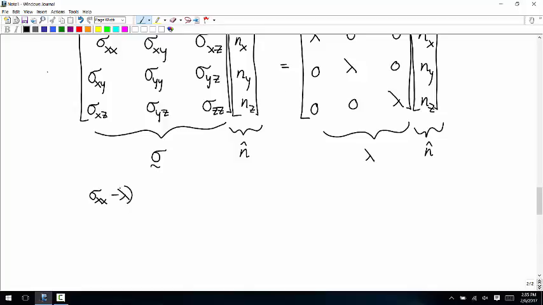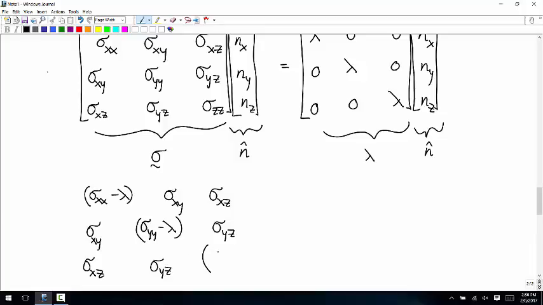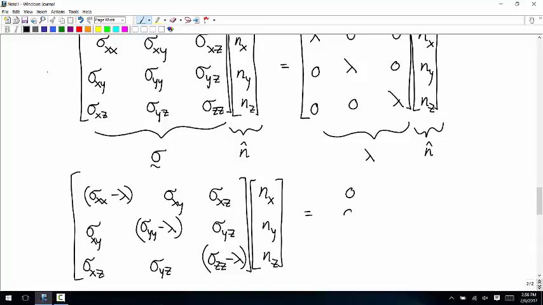Sigma xx minus lambda is that xx element, then sigma xy, then sigma xz. Then sigma xy, sigma yy minus lambda, sigma yz. Then sigma xz, sigma yz, sigma zz minus lambda, times that outward facing normal is equal to 0.